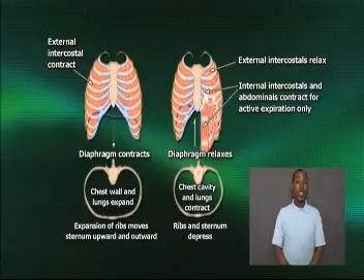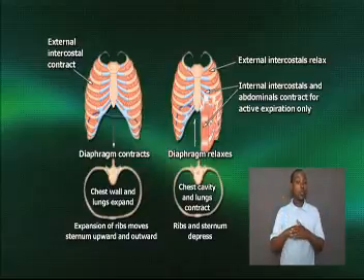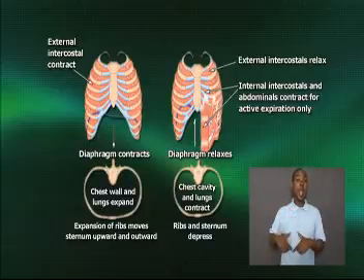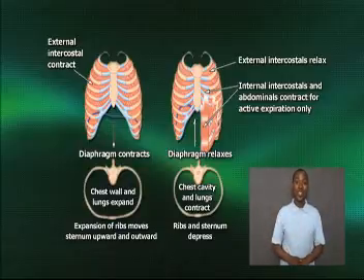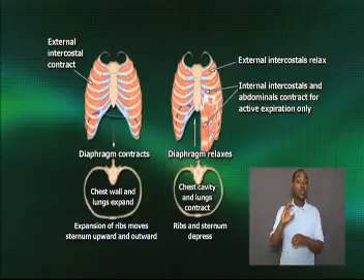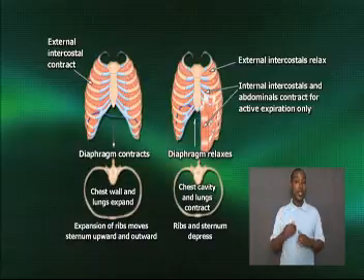The internal intercostal muscles are used when breathing out is deliberate, when air needs to be forced out of the lungs or during exercise. The internal intercostal muscles pull the ribs down hard and squeeze more air out of the lungs. Abdomen muscles can also be used deliberately to increase the amount of air moving in and out of the lungs.